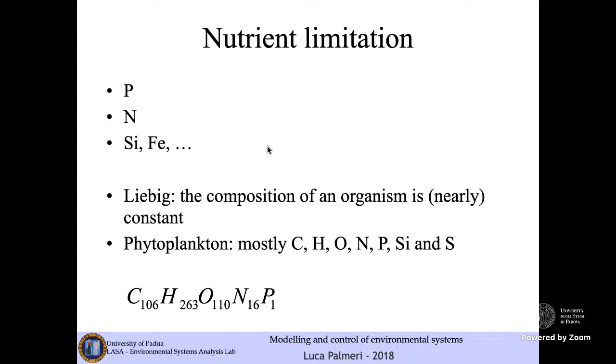For phytoplankton, mostly we have carbon, hydrogen, oxygen, nitrogen, phosphorus, silicates, and sulfur as limiting elements. Of course, carbon, hydrogen, and oxygen are seldom limiting, because, for example, hydrogen is the most diffused element in our universe, so you will never find conditions in which there is no hydrogen available.